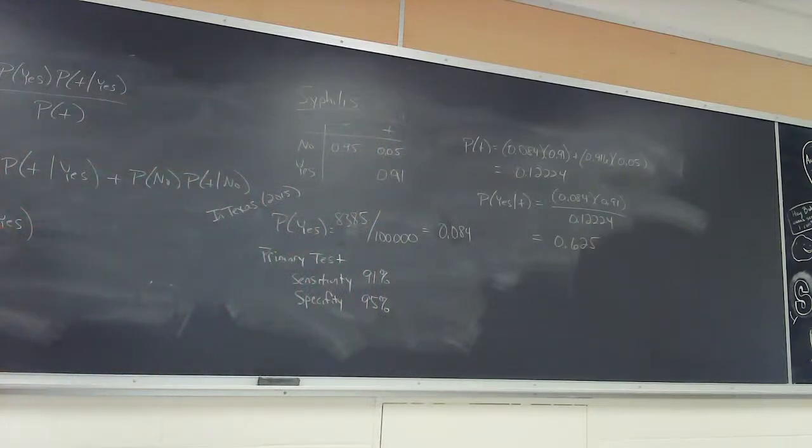I wonder on the top line after the plus, the 0.916, I had that as 0.95. So where'd you get the 0.95? From the chart.